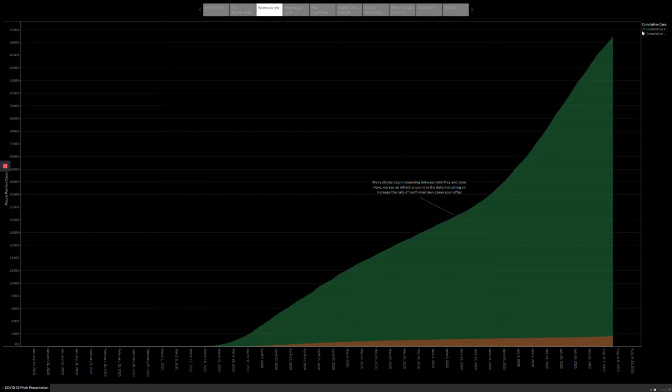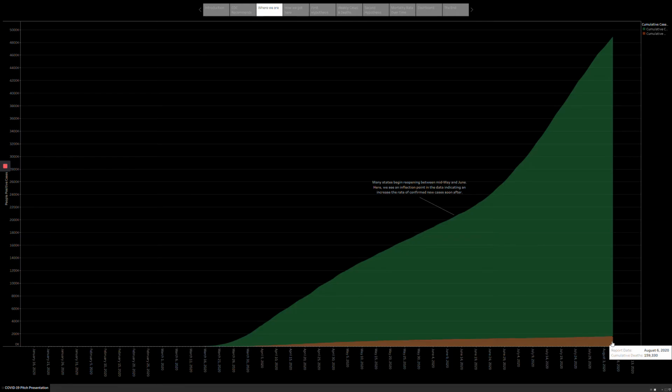Now that we've gotten that out of the way, let's take a look at how the pandemic has affected the United States. This slide shows the total number of reported infections and the number of people who have died as a result of being infected with COVID-19. As of August 6, 2020, almost 4,900,000 people had tested positive for the virus in the United States. Among those, over 159,000 had died.